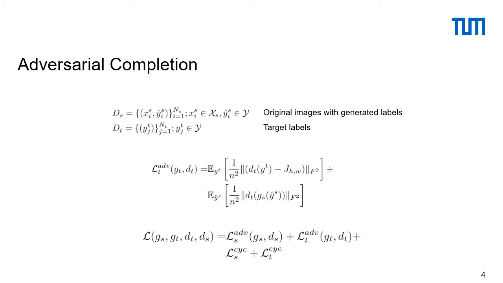To approximate such a mapping function, we train a network which consists of two generators, GS and GT, and two discriminators, DS and DT. In order to train the aforementioned network, we define the objective function LT, and similarly we define the LS, so that our final objective function L of GS, GT, DS, and DT looks as follows.